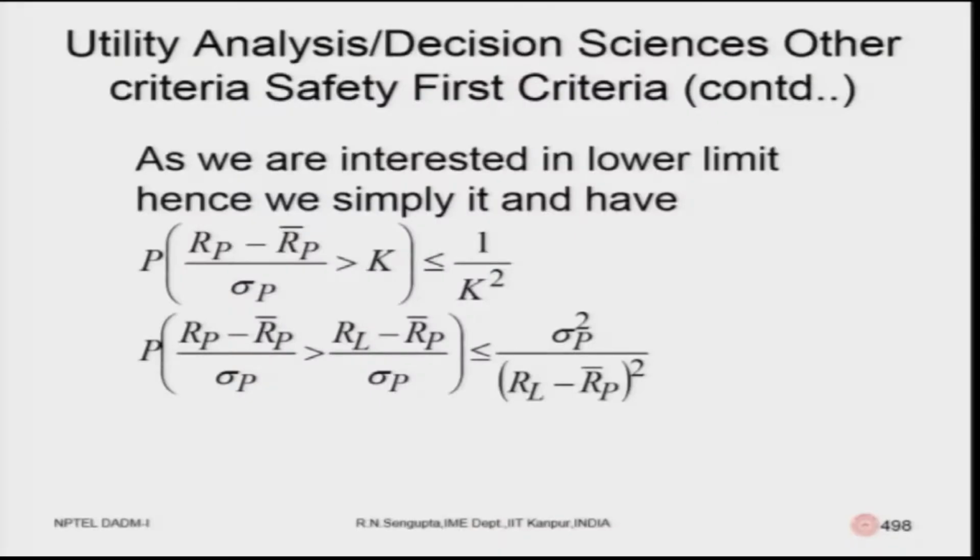So, consider the concept of this utility analysis from the point of view of Chebyshev's inequality. What we are interested in Chebyshev's inequality is the probability that RP, which is a random variable, where RP bar is the expected value, and sigma p is the standard deviation.